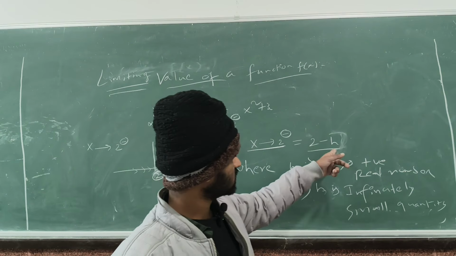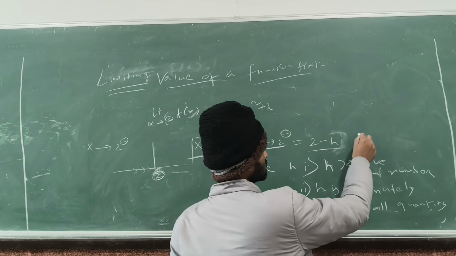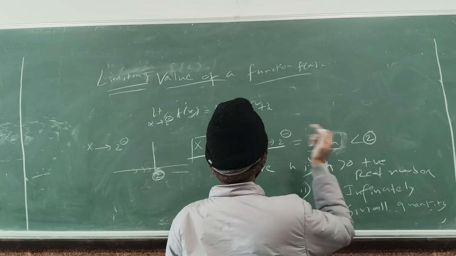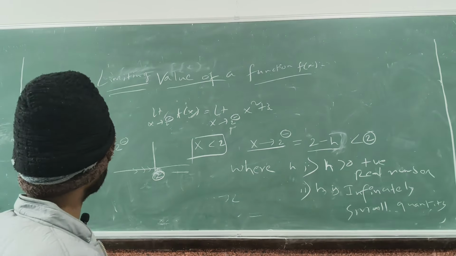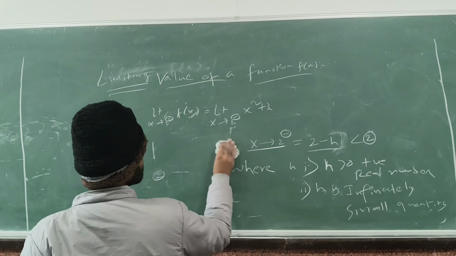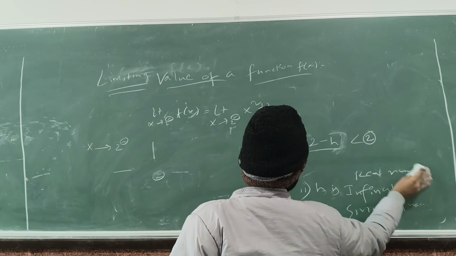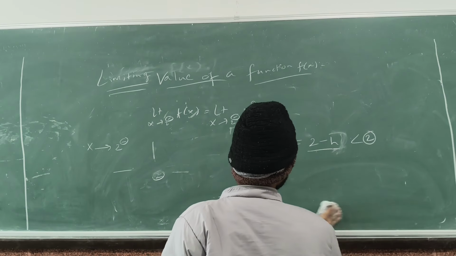If h is positive here, then 2 minus h is less than 2, which is x minus. So let us try to answer this.